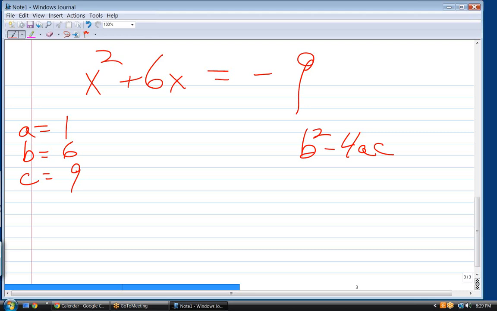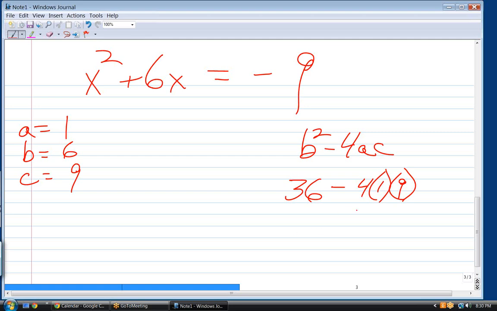So now let's analyze the discriminant. What's b squared minus 4ac? 36 minus 4 times 1 times 9. I would always suggest you do it like this. Don't do this in your head, because a lot of times there's going to be a negative sign attached to one of these, and then it's going to matter.